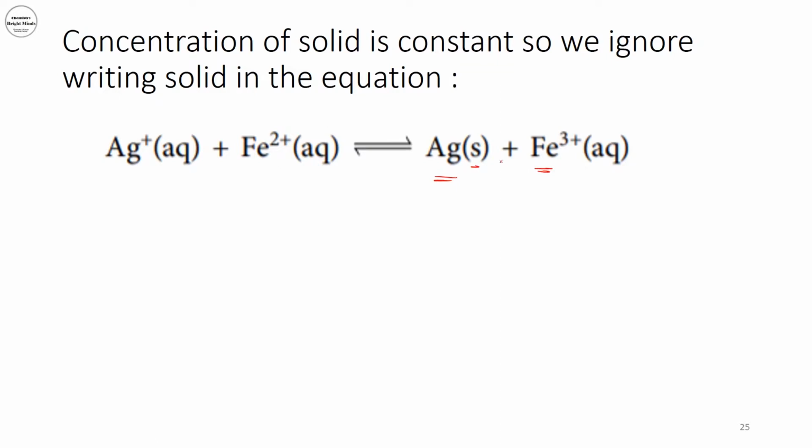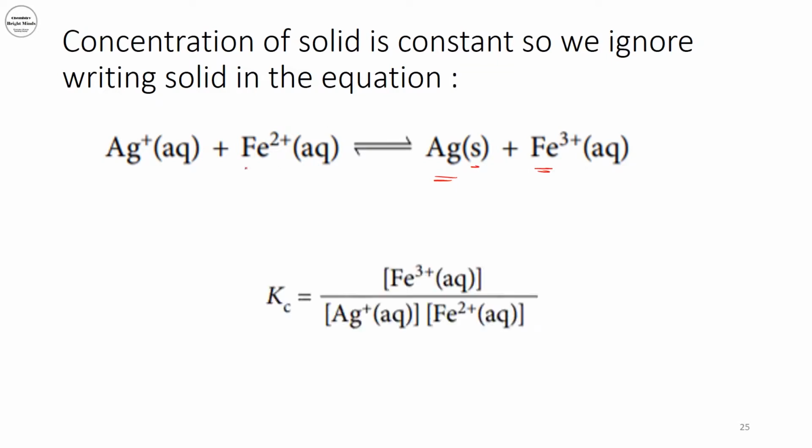My equilibrium constant in that case would be equal to the product, which is the iron ions, divided by the reactants, which are the iron ion and the silver ion. You have to remember we ignored the silver solid because we don't consider the solid concentration.